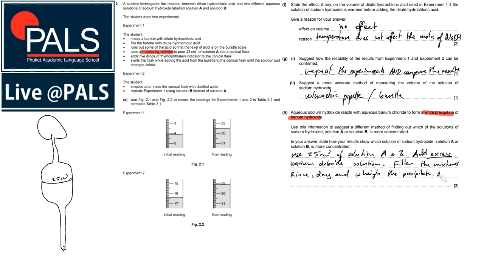Mixture A will produce about double the mass of barium hydroxide.